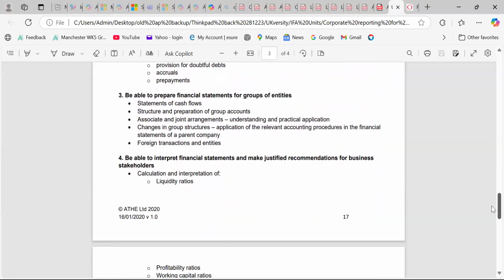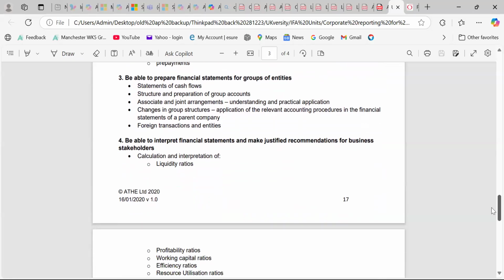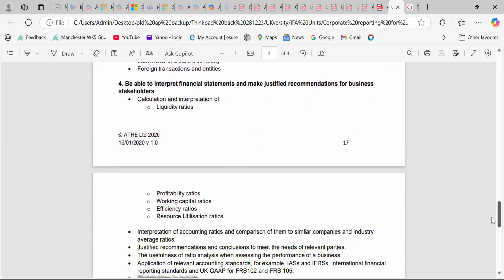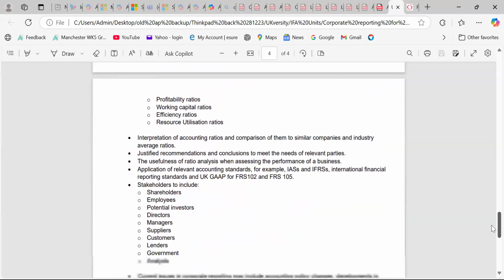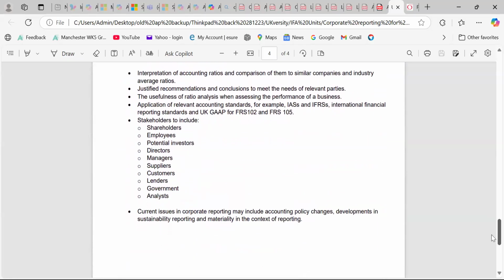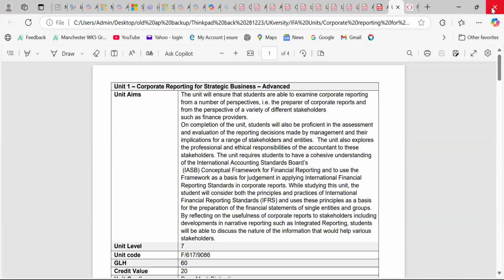Lesson 3 will discuss the group financial statements, associate, parent, and subsidiary. And the next lesson will go through all the key financial ratios, and we'll discuss stakeholders and micro companies. So all will be in our discussion in future lessons.